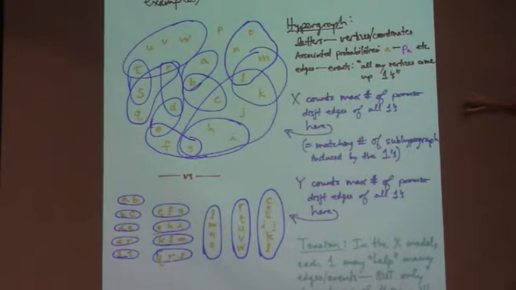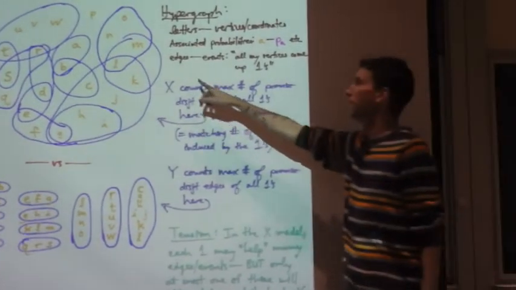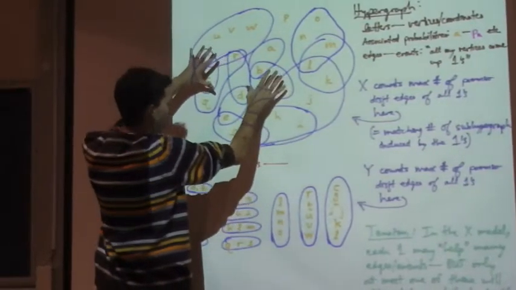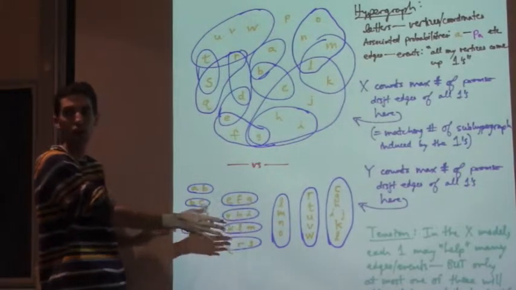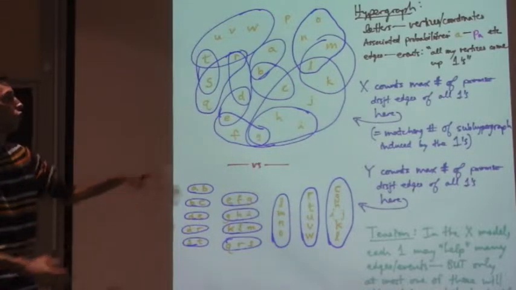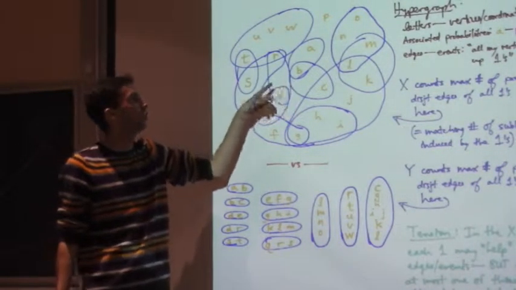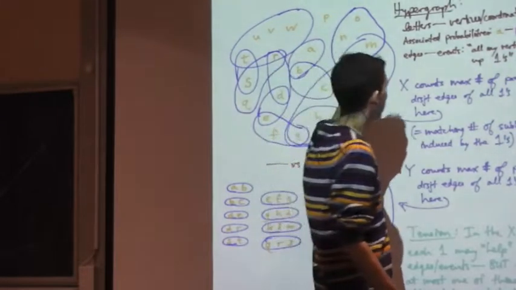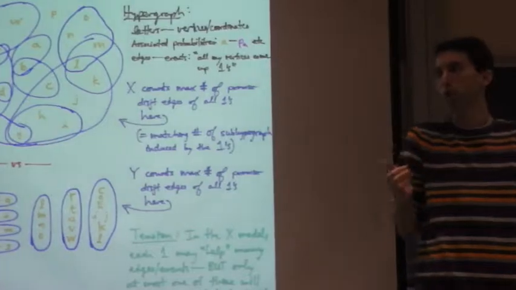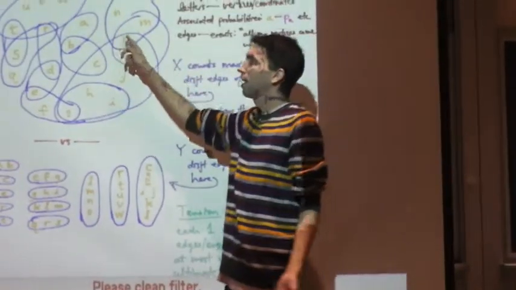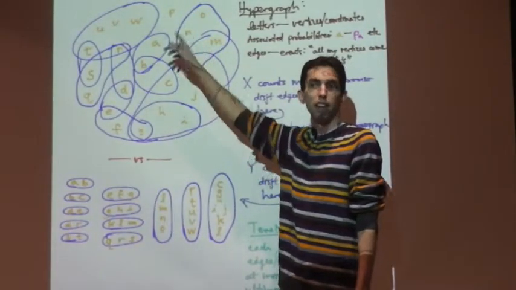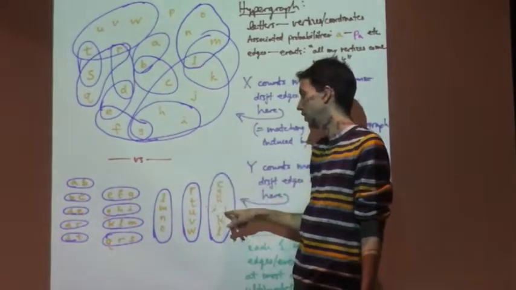Okay, and I like this formulation or this restriction because it highlights the tension that's going on. I'll call this the X model and this the Y model. This is the thing that supports the random variable X. This is the thing that supports Y. It highlights the tension in the X model: suppose we look at a particular vertex and we observe the coin flip for it and we observe that it came up 1. In this model, that can help a lot of different edges, because a lot of different edges can depend on a single vertex, which is not the case down here.